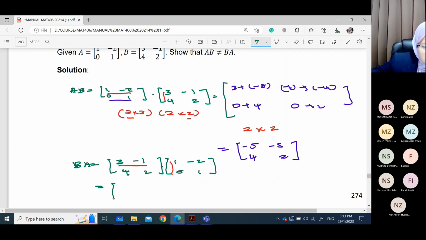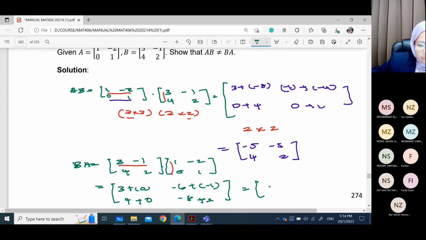Okay, so darabkan 3 times 1 we have 3, negative 1 times 0 we have 0. And then for second entry, 3 times negative 2 is negative 6, negative 1 times 1, negative 1. Okay, so 4 times 1 is 4, plus 2 times 0, we have 0. So for the last entry, 4 times negative 2 is negative 8, and then plus 2 times 1 is 2.